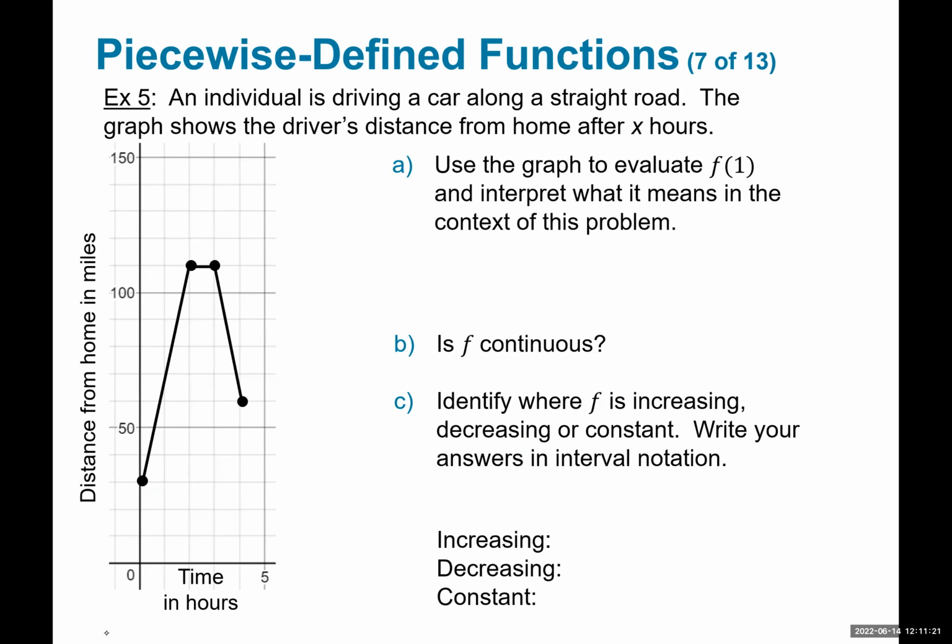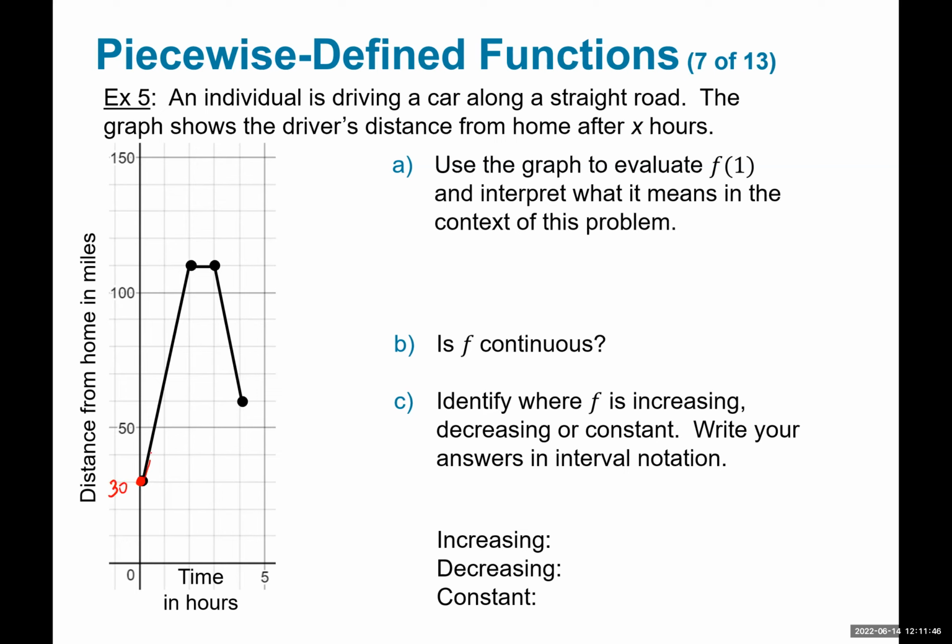Another type of piecewise function is where maybe it is continuous, but it's not like straight linear. It does something with one slope and then it changes slope and then it changes slope again. So an individual is driving a car along a straight road. The graph shows the driver's distance from home after x hours. So the distance from home, you're already 30 miles away from home when you start.